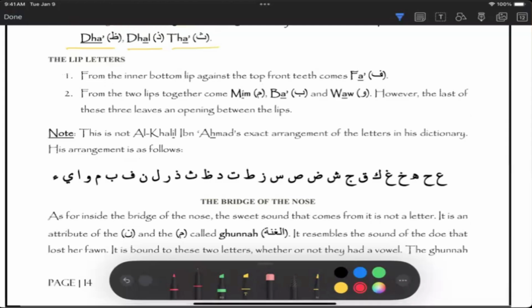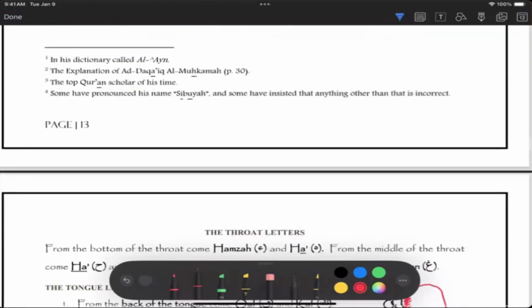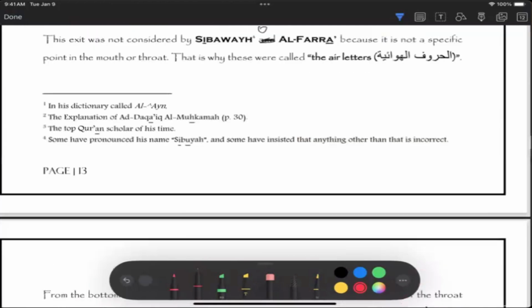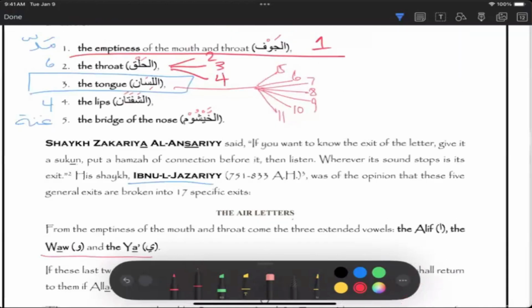So that's 2 from the lips, or should it be 3? Let's see. So from the lips, we put 2, so that's going to be 12 and 13. And then Khayshum is 1, that would be 14 only. So what happened there?